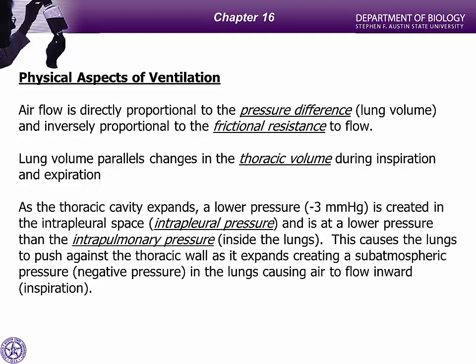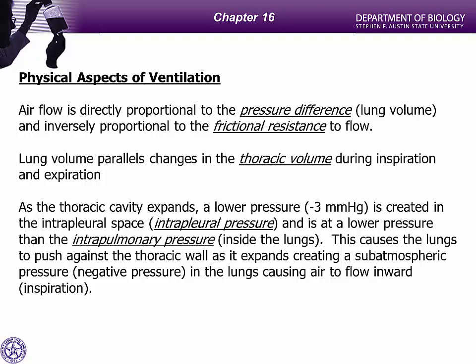So, as the thoracic cavity expands, we're going to create a slightly lower pressure in our intrapleural space. And this is going to be between the visceral and the parietal pleura, recall. Now, this lower pressure is going to cause the lungs to push against that.